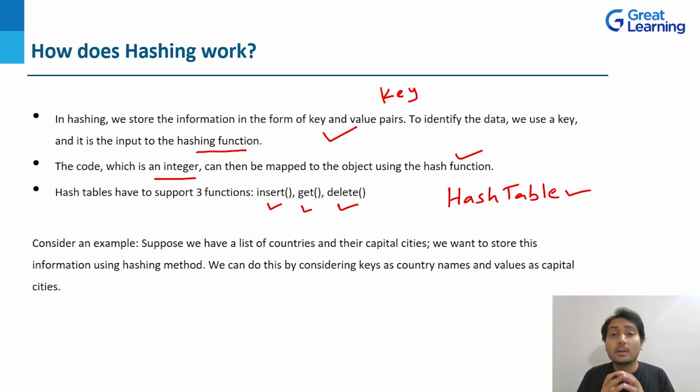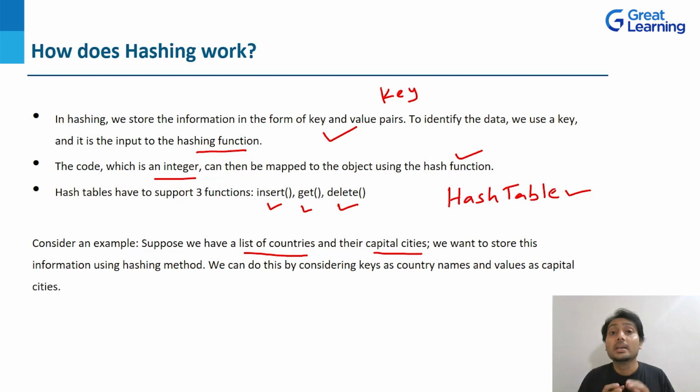Now the thing is, how does it work? Let me take an example. Suppose we want to store a list of countries and their capital cities. So how do we apply hashing to this?